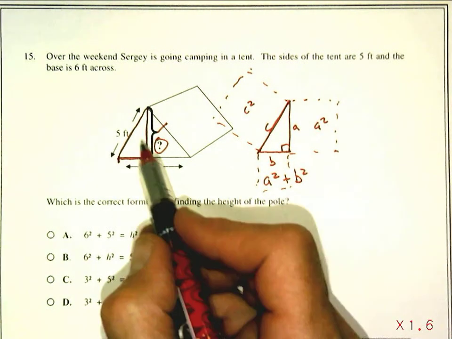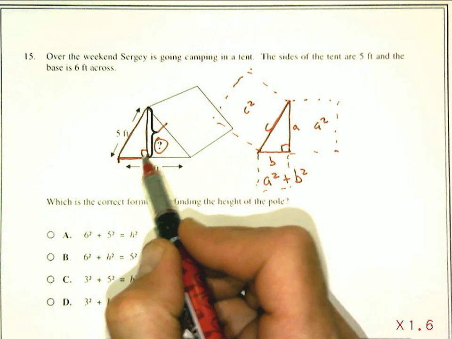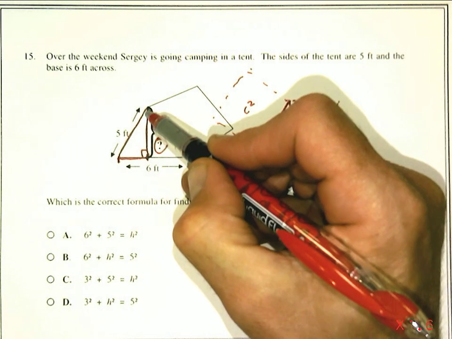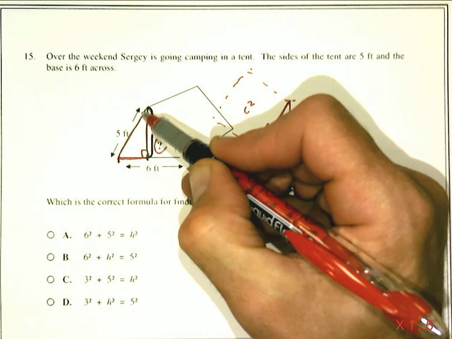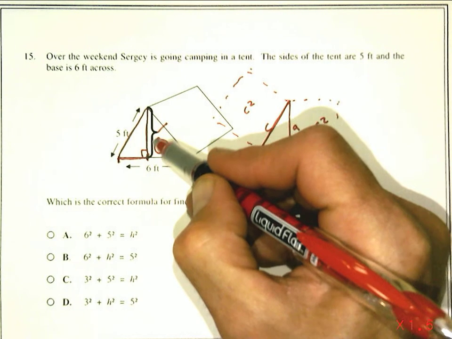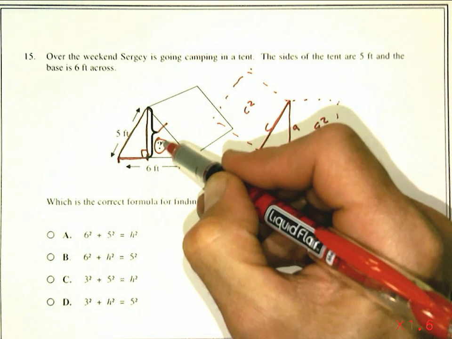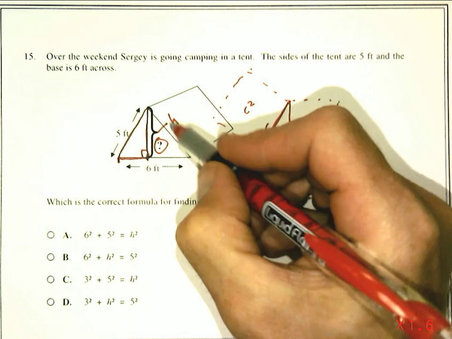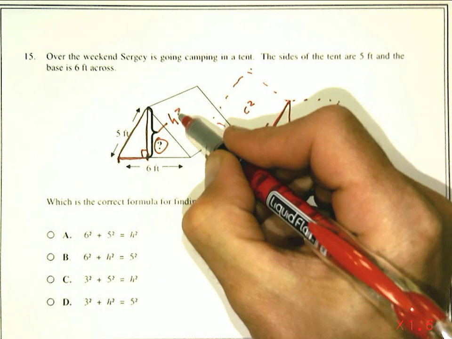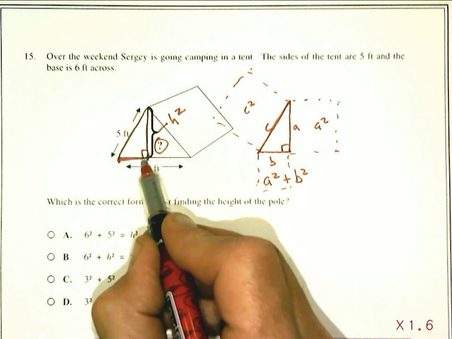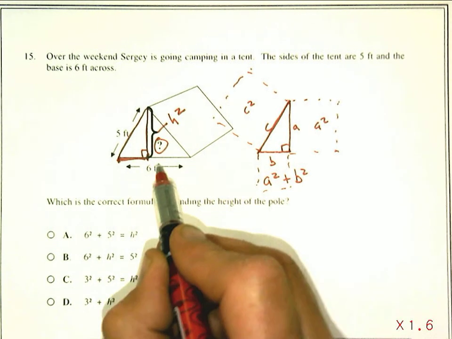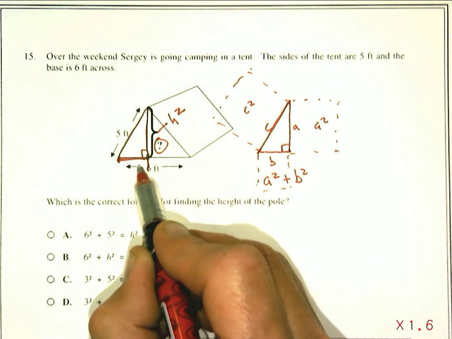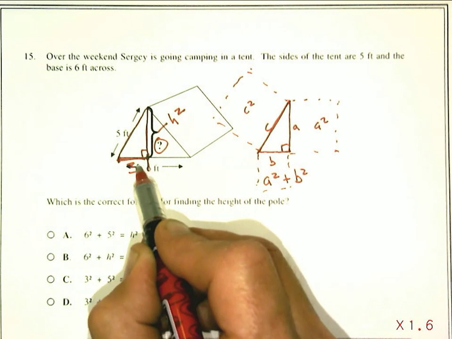Now if you look at this problem, the most common mistake is to not see that this is the hypotenuse. And so what I really want is this, whatever this is, the height, is what we're going to call it, H. I want H squared plus the leg squared. Now all the way across is 6 feet, so I'm really going only from here to here, which is 3 feet.